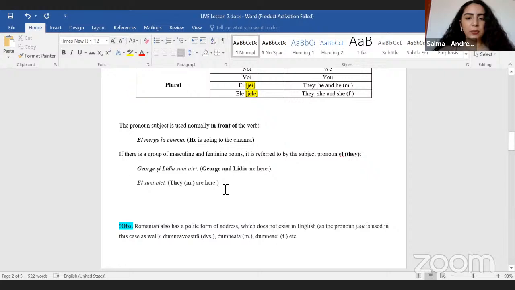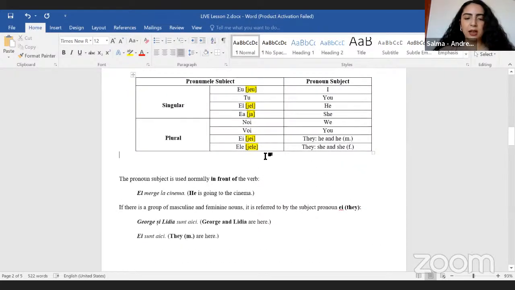And another important thing is that unlike English, for the pronoun they, we make a distinction based on gender. So here, ei is for the masculine gender, while ele is for the feminine gender, as I've written for you here.